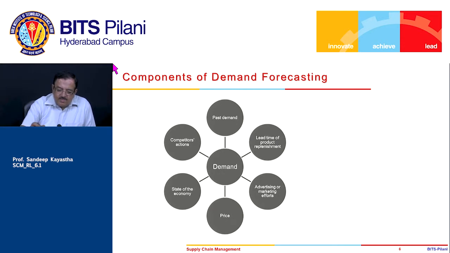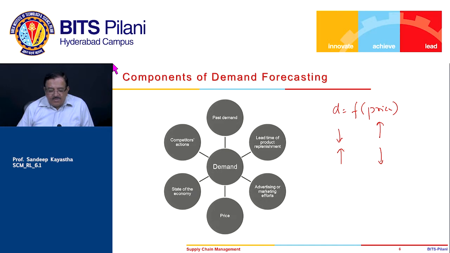Let us look at the various factors which affect demand. In economics, you have seen that demand depends upon price: if price is high, demand is low, and if price is low, demand is high. But we find that there are many other factors which also affect demand. Apart from price, it also depends upon the state of the economy.